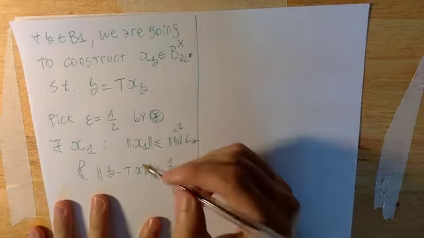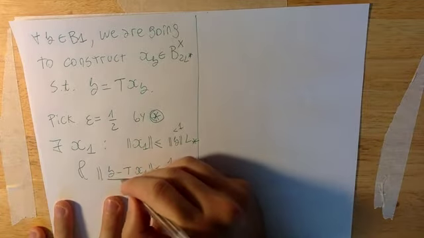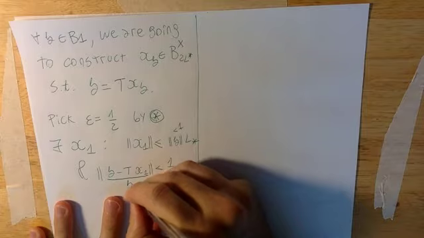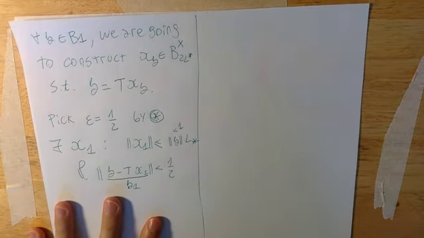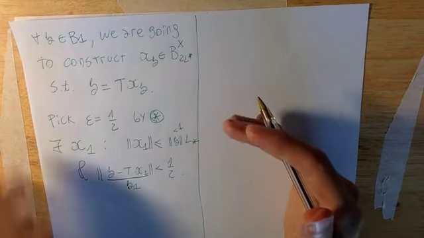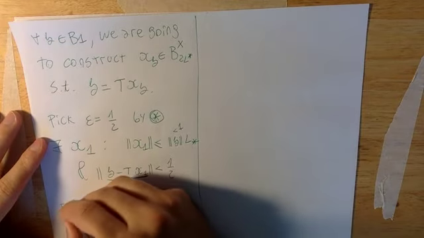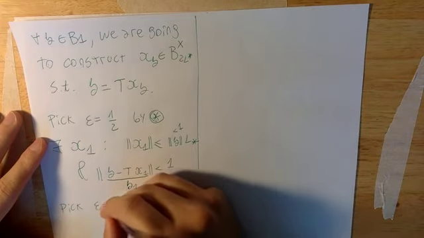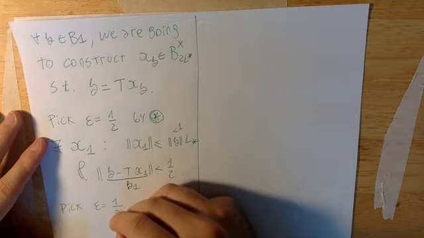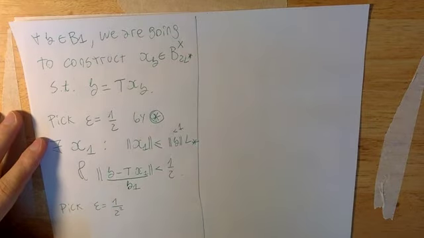Now we are going to call this y1. Now we have to do this iteratively, so we pick epsilon equals 1/2 squared.